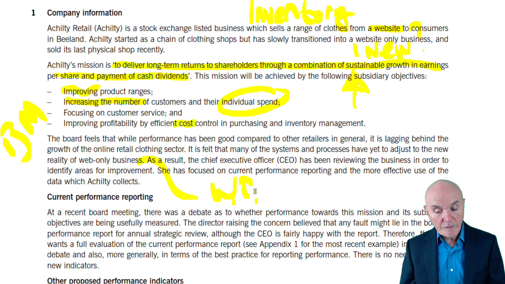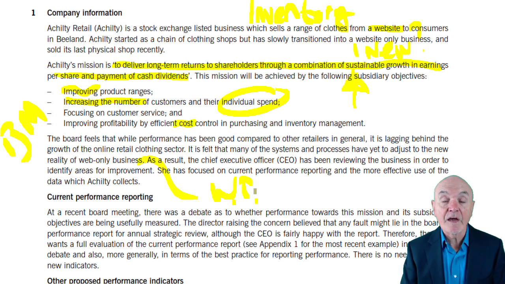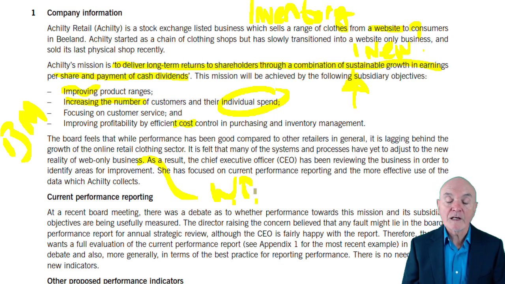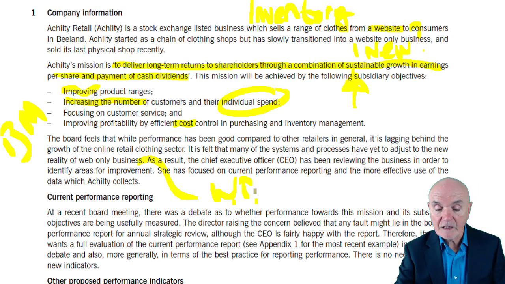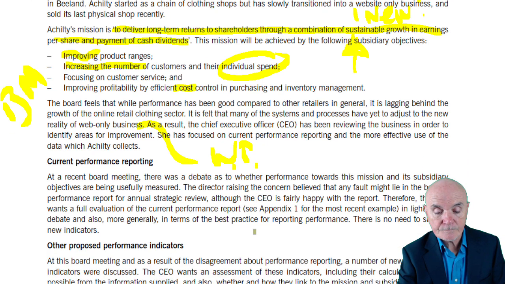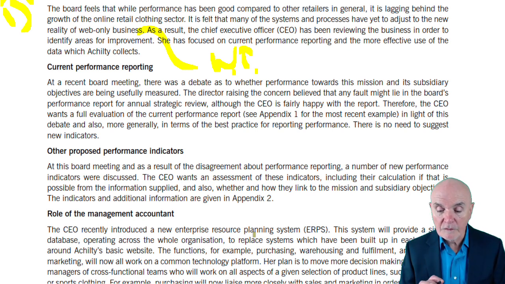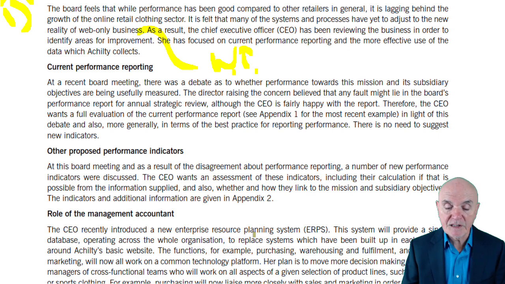The CEO has been reviewing the business in order to identify areas of improvement, and she's focused on the current performance reporting and the more effective use of data which the company has. Current performance reporting. There was a debate as to whether performance towards the mission and its subsidiary objectives are usefully measured.